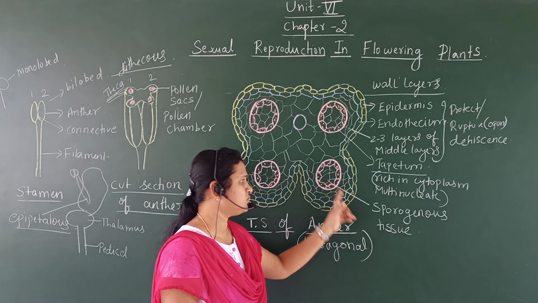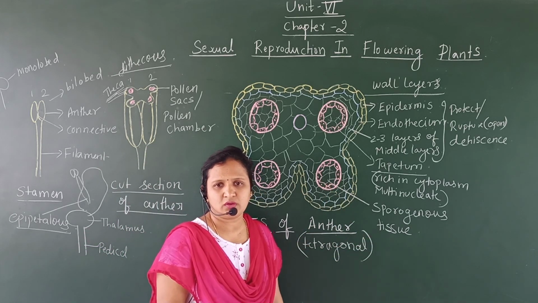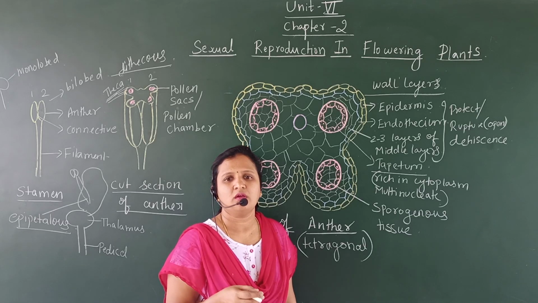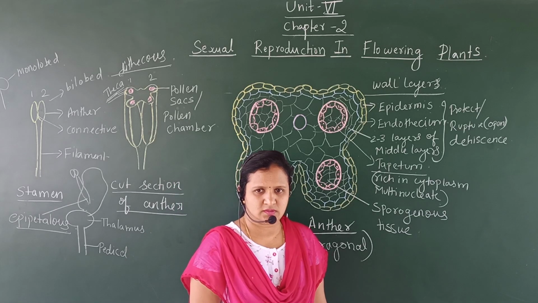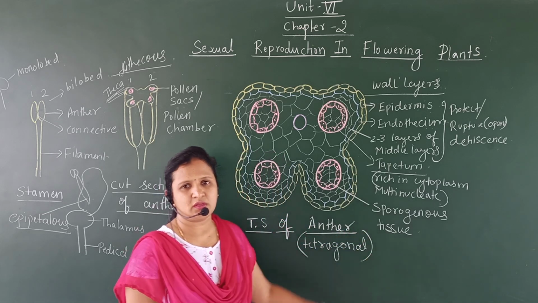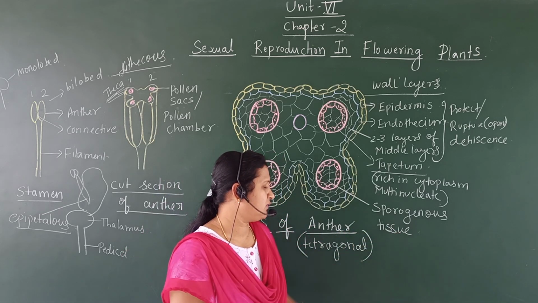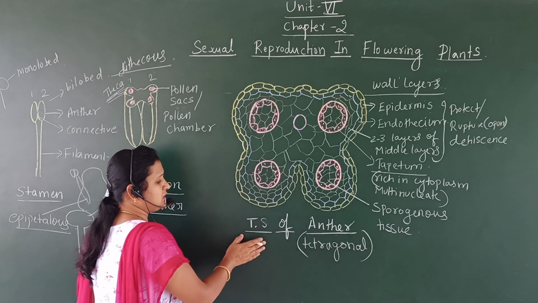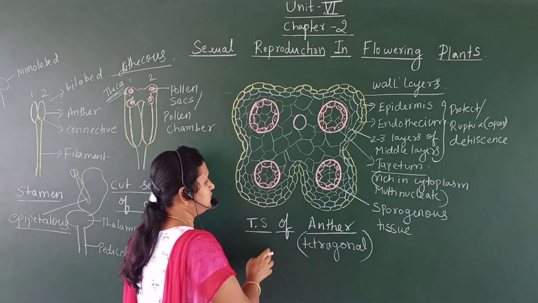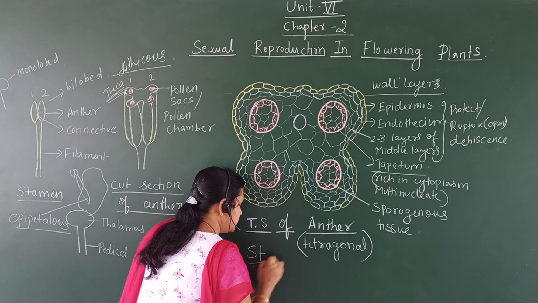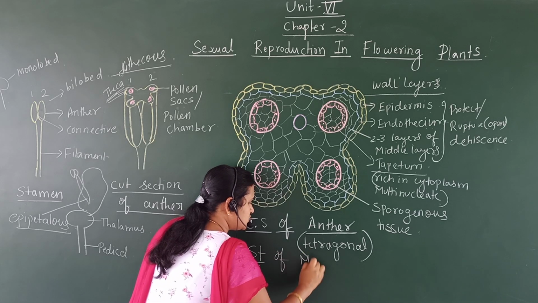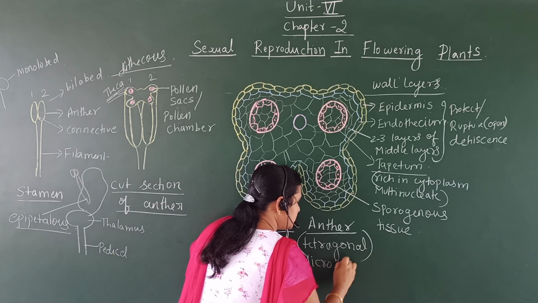Sporogenous tissue will gradually undergo meiosis and give rise to the microspores, which are later called pollen grains. Later we will be studying that in detail when we take up the events. But this is in general the structure of the anther, also called the structure of the microsporangium.